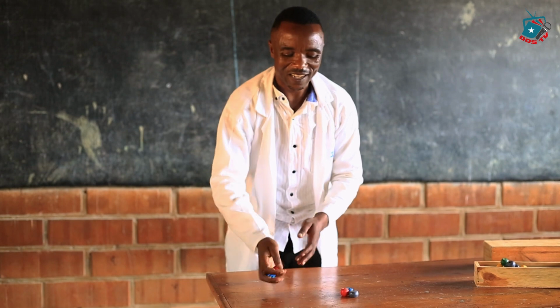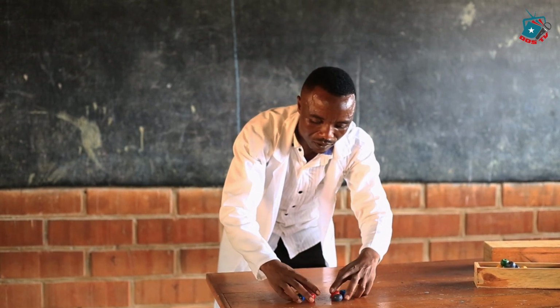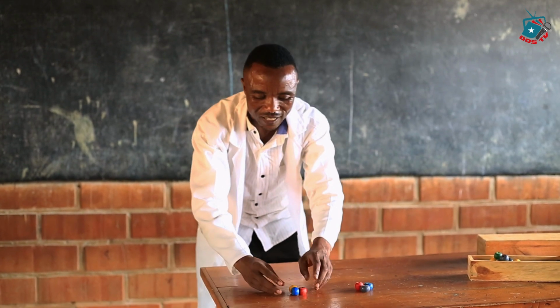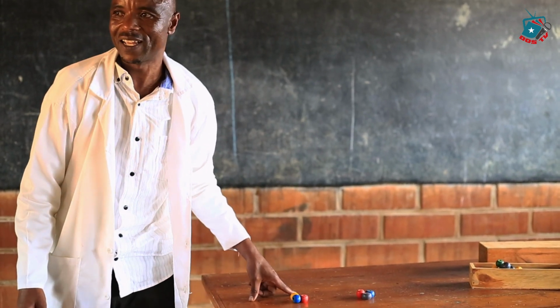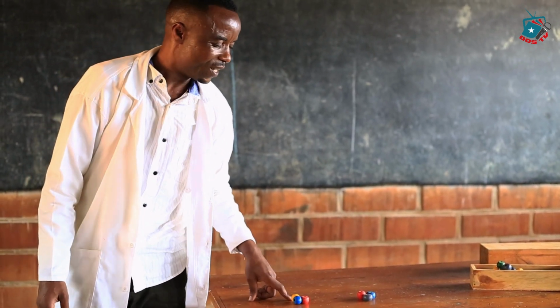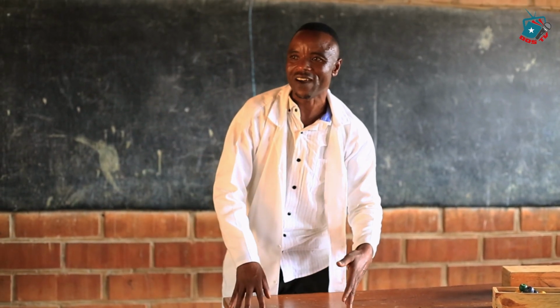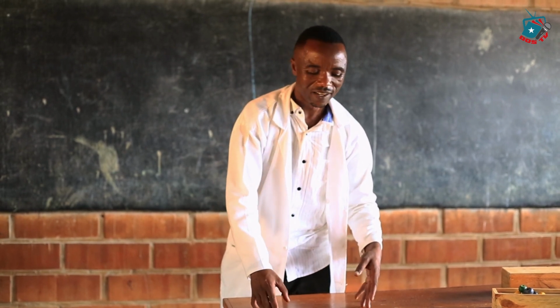This counter is number 3. Then 3 times 1 equals 3.